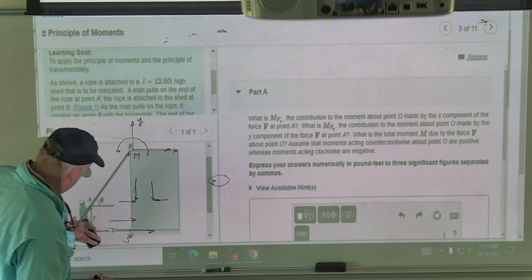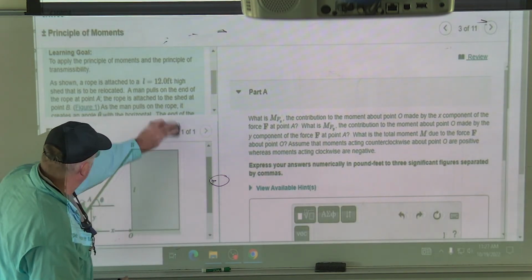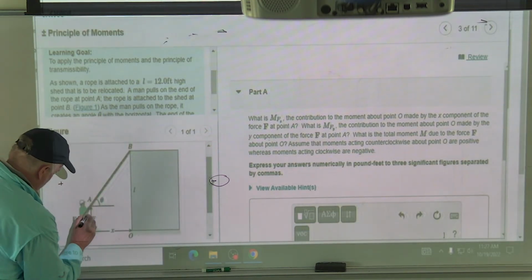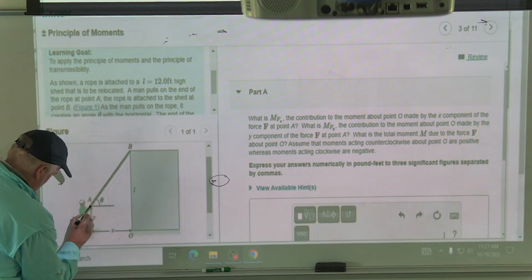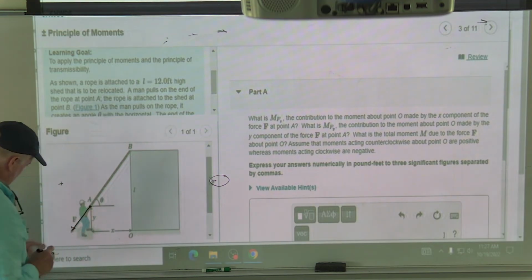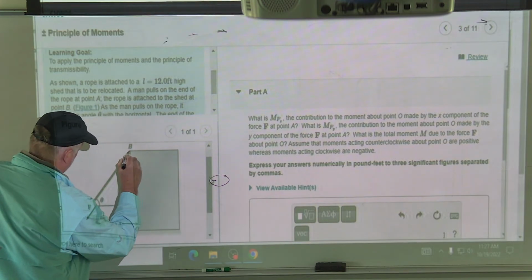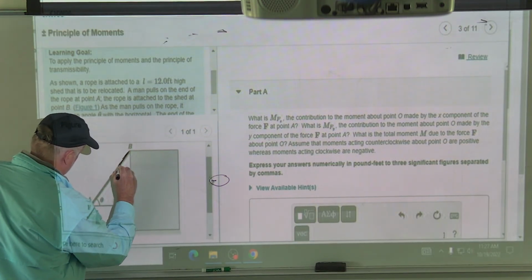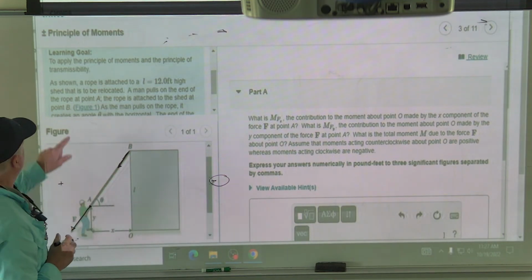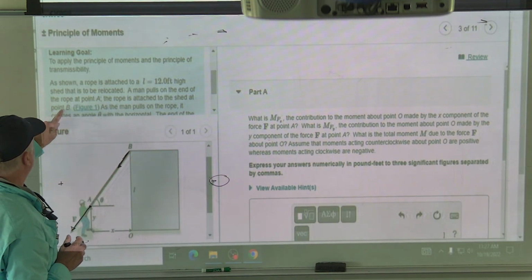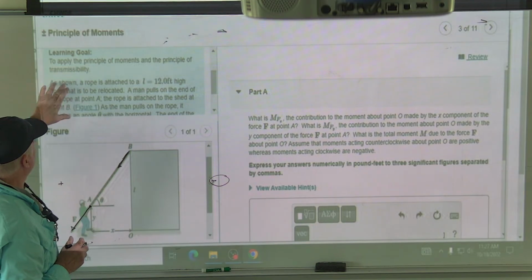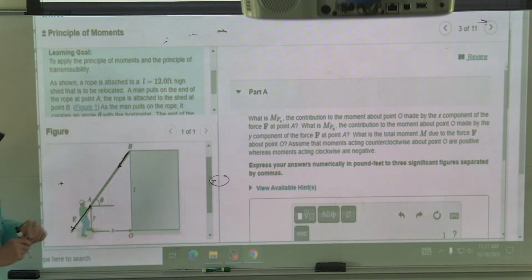So essentially, what you can do, okay, this is strange, but not too strange. Transmissibility means I can move this back to here. Okay, let me slide down and see if he tells us more information.